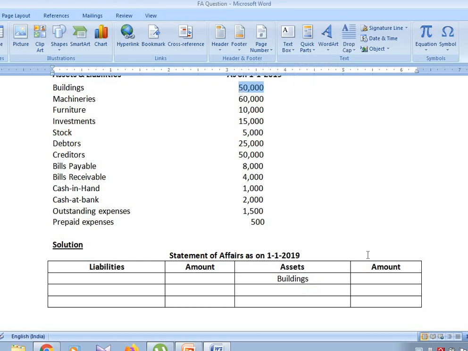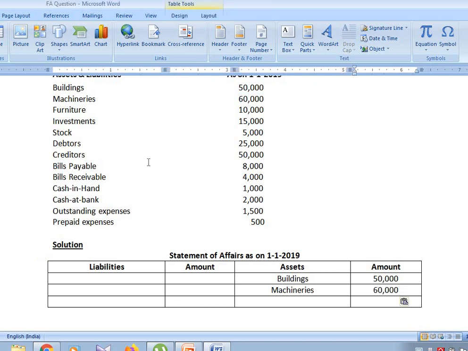So write down the amount of building as 50,000. Next, where do we record machinery? Machinery is an asset, so it comes to the asset side. What is the amount of machinery? 60,000.